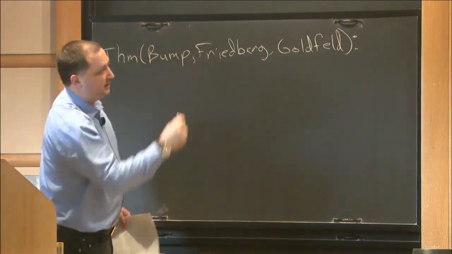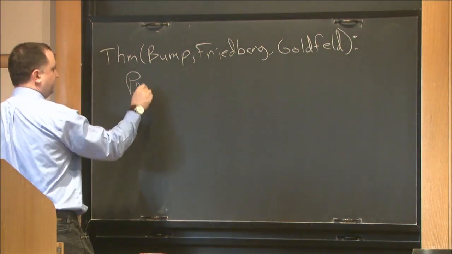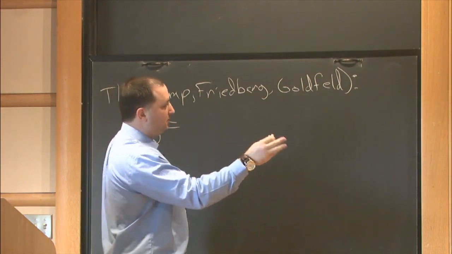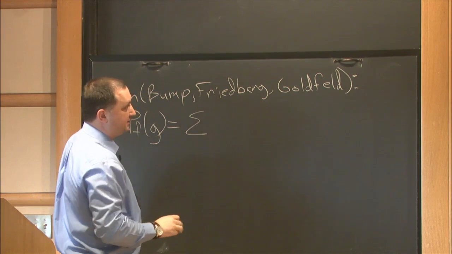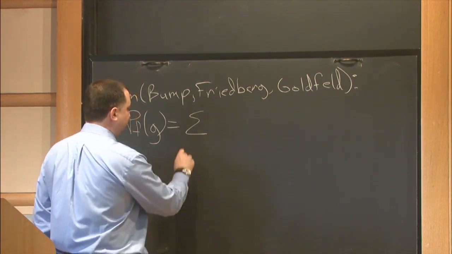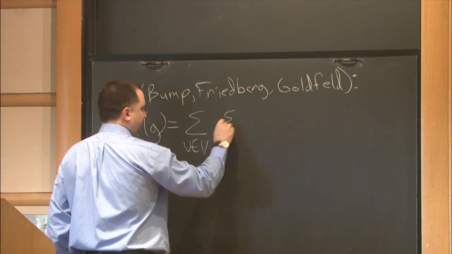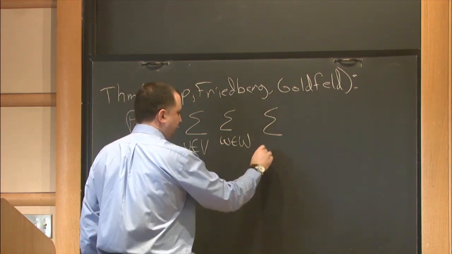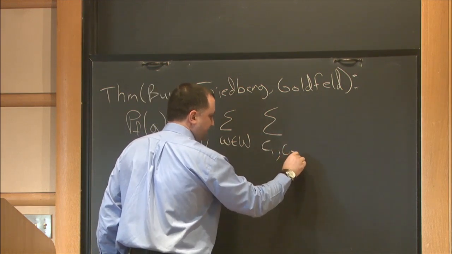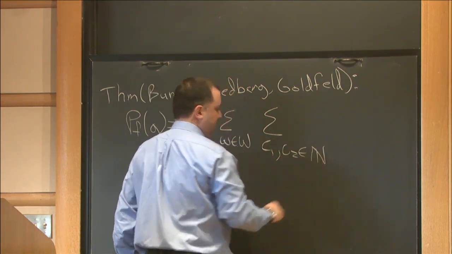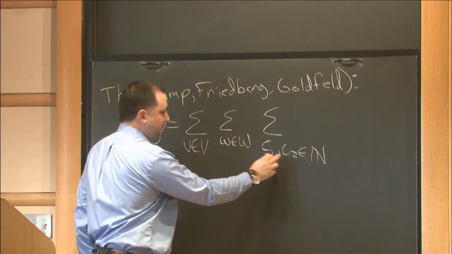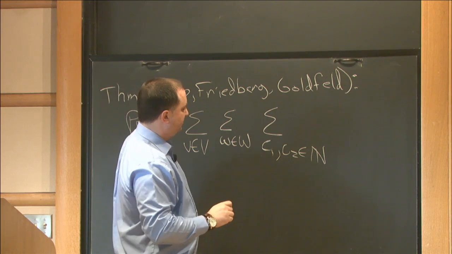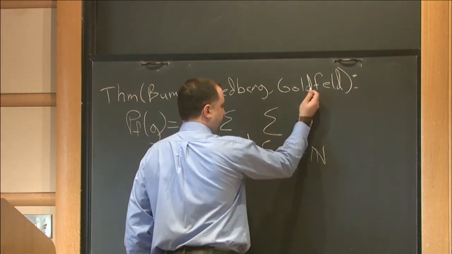Okay, so that Poincaré series over there, P_f of g, is the sum over, well, here it's the sum over v and w, the sum over w, the sum over my diagonal matrices, which are given by two integers, and I can make them non-negative.